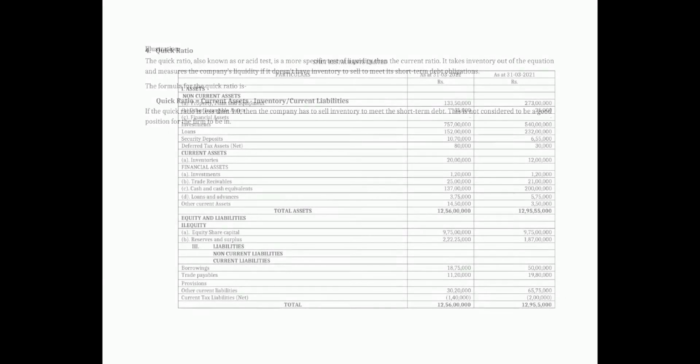The rule to remember while preparing the cash flow statement is that, number 1, any increase in the assets in the current year over last year results in a decrease in cash flow. That has to be deducted.